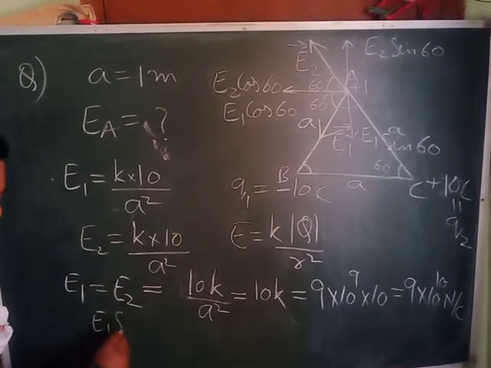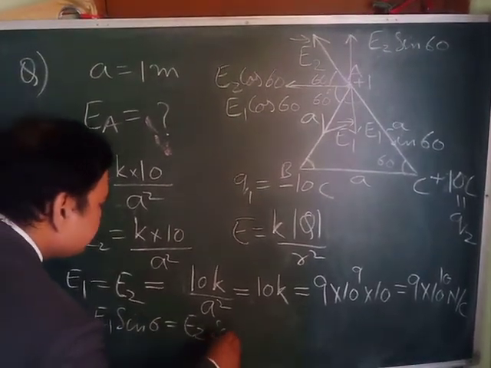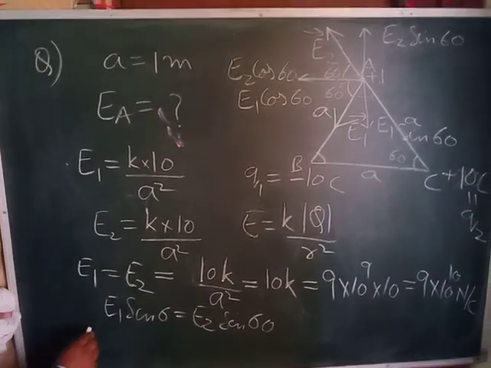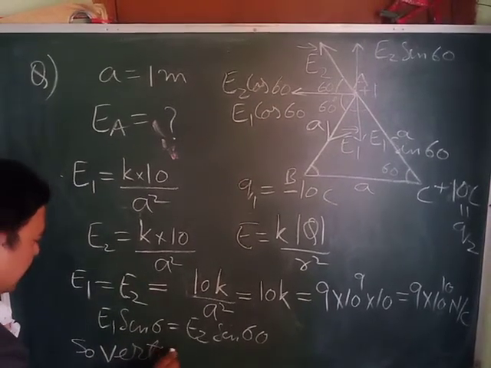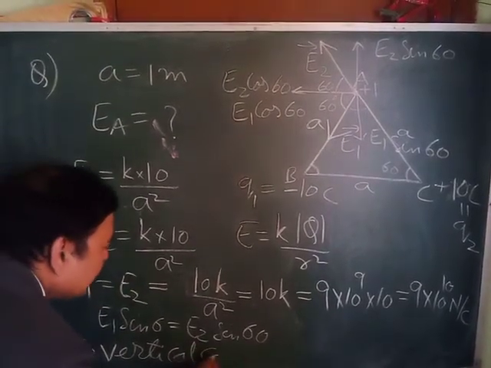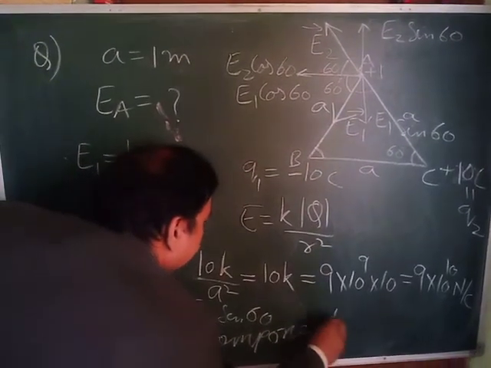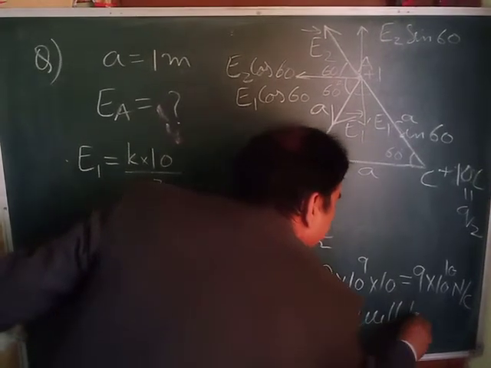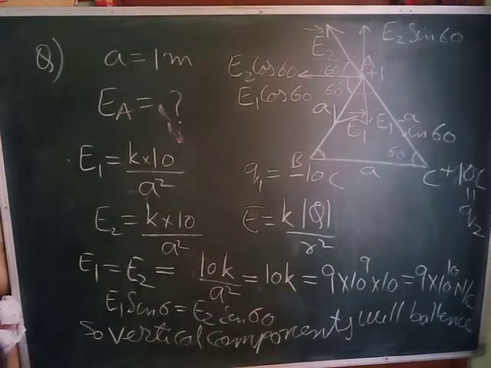E1 sin 60 will be equal to E2 sin 60, so the vertical components will balance each other.